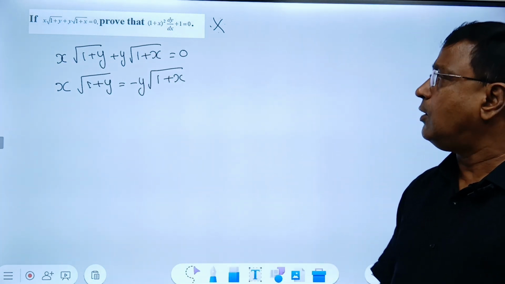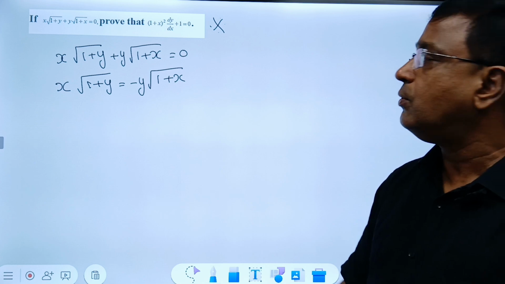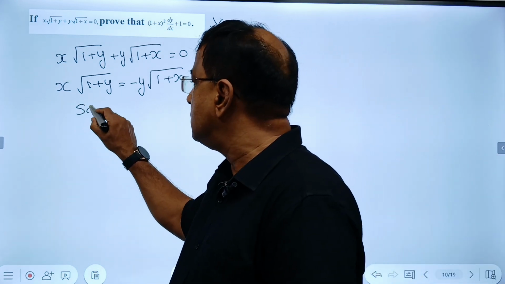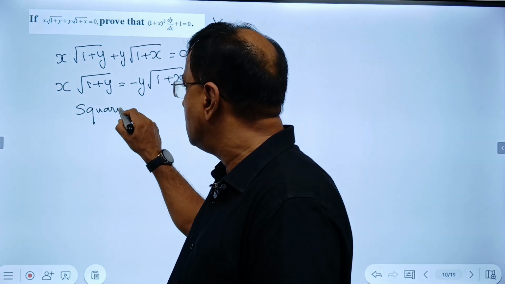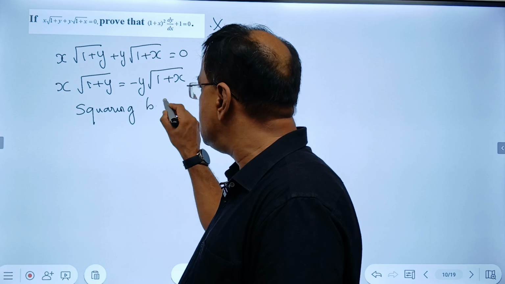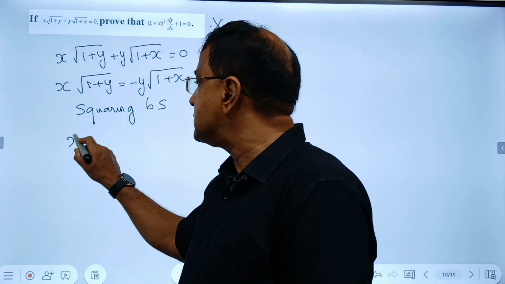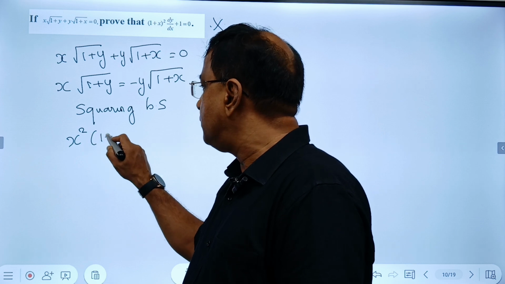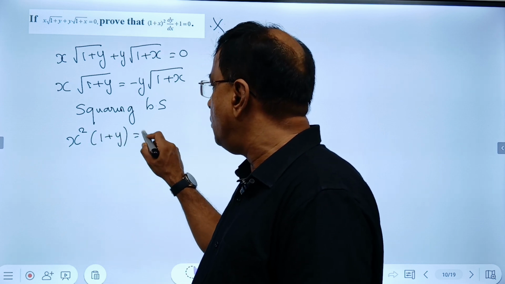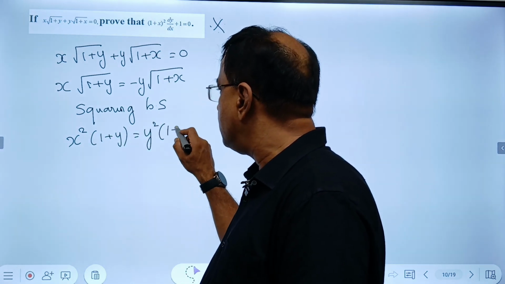Okay. Then obviously I want to get rid of the square root. So what do you do? Squaring both sides. So when you square both sides, what exactly happens? You have x square into 1 plus y equal to y square into 1 plus x.